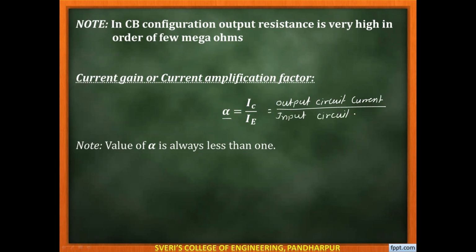Okay, so the output circuit current is IC to the input circuit current IE.